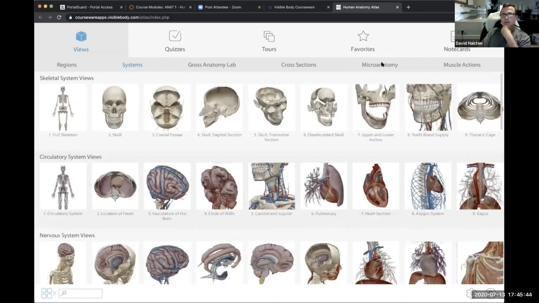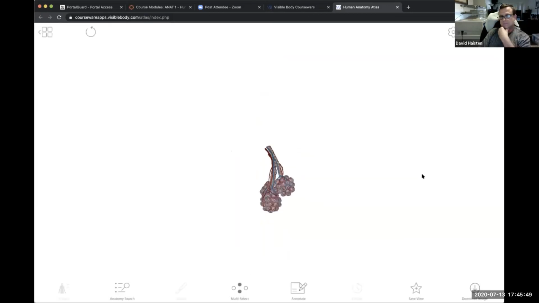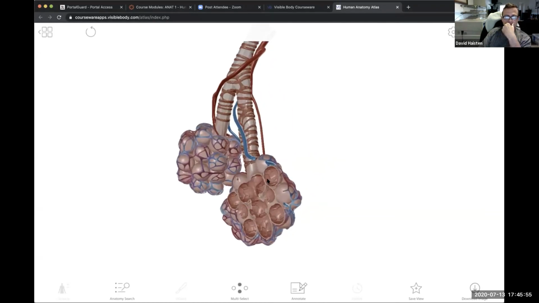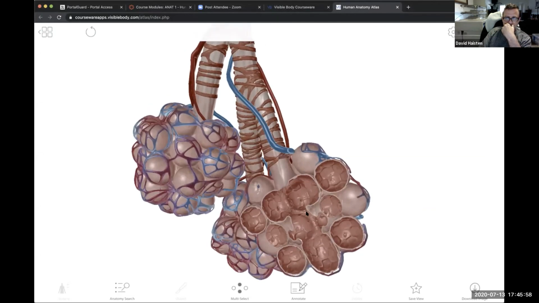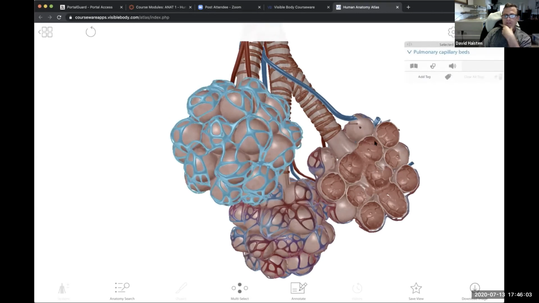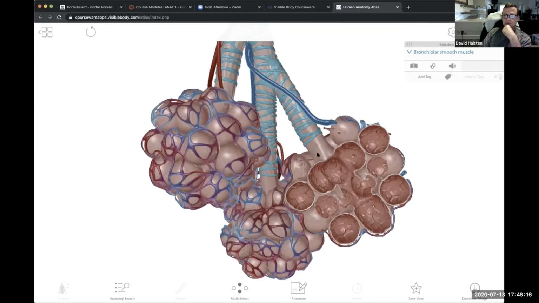Let's see if they fix this. Pulmonary capillary beds. There's no elastic shown here at all. So to see those elastic baskets, you're going to have to be looking at the slideshow in the textbook because they have it. Okay, so this is smooth muscle. What's that? Alveolar duct, respiratory bronchiole, terminal bronchiole.